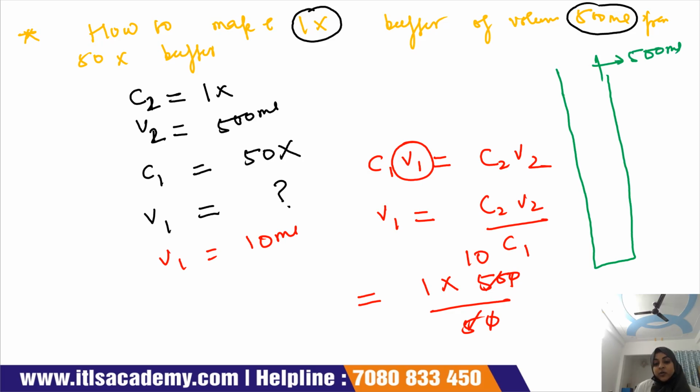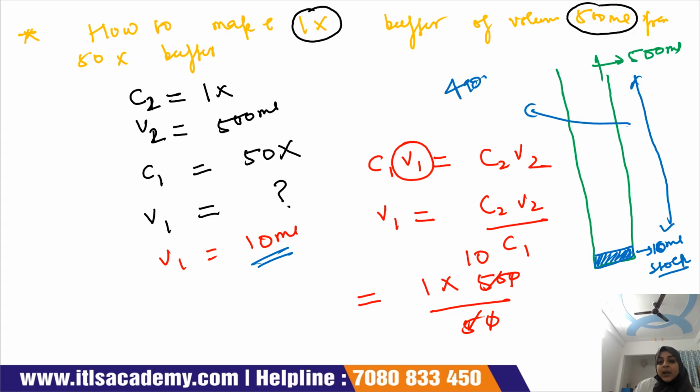Into it, first of all, I am going to add 10 ml of our stock, and make up the volume to 500 ml. That means we add 490 ml of distilled water. So this is how we prepare a 1x buffer of volume 500 ml with the help of the 50x buffer.